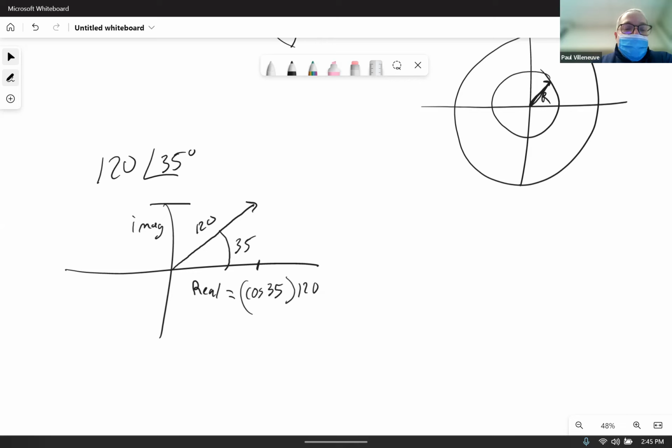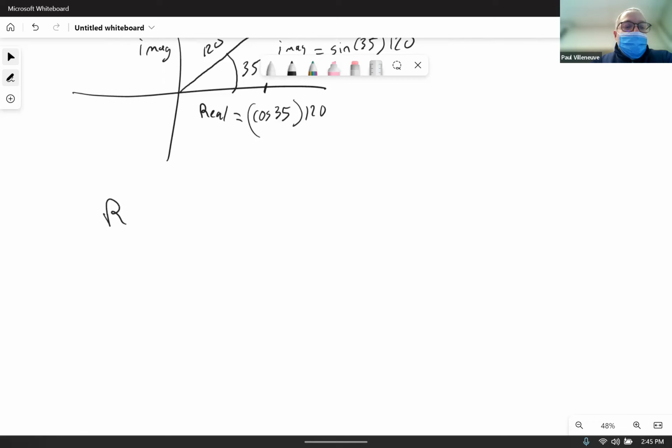If I want to get the imaginary part, you do the same thing, but with sine, right? Sine of 35 degrees, and multiply that by that same magnitude. And so to go from rectangular to polar, a real plus jx is going to be equal to the magnitude at an angle of theta, call it z.